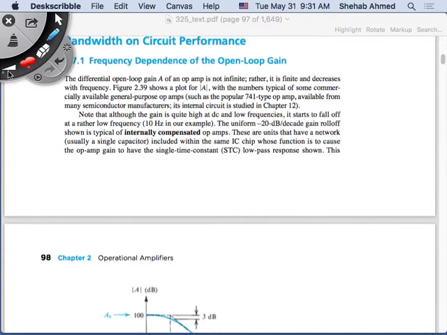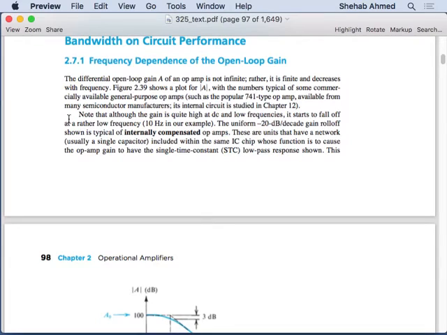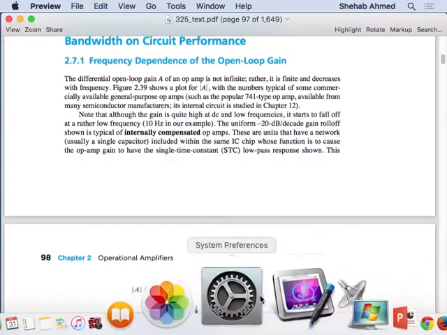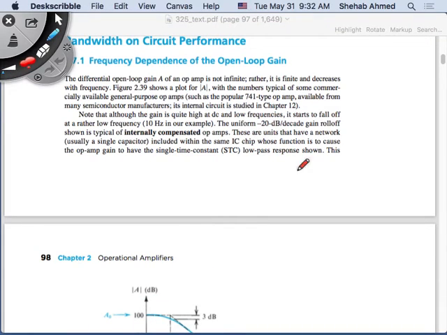So all of this means that, instead of just assuming a finite value for A, now I have to assume A has a finite value that is also frequency dependent. And it looks like a low pass filter. If it looks like a low pass filter, what is its DC gain?